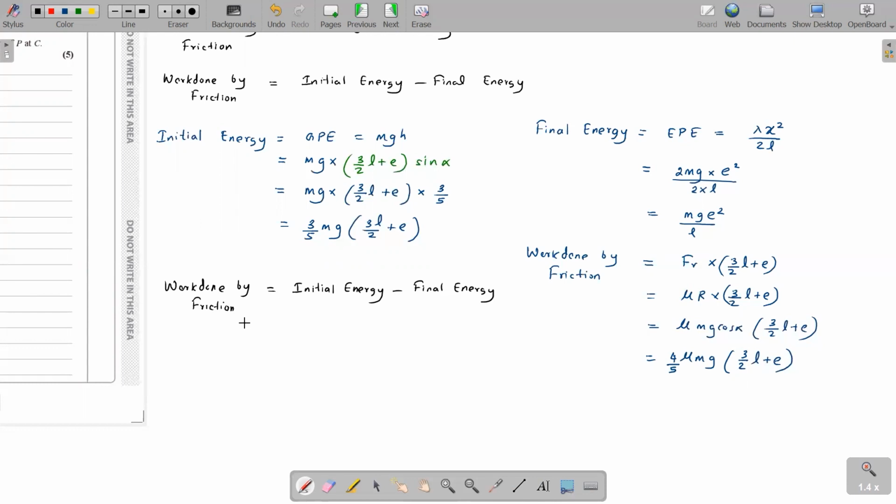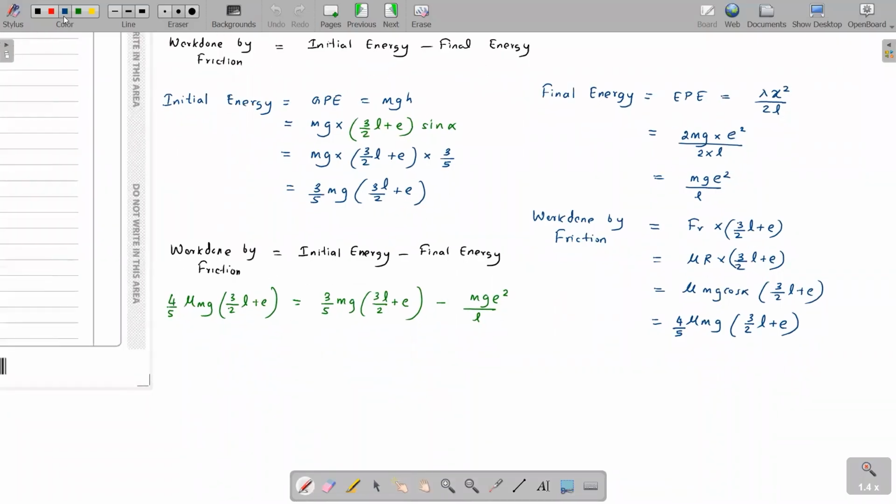So work done by friction is 4 over 5 mu mg times 3 over 2 L plus E. Initial energy is 3 over 5 mg times 3L over 2 plus E, minus final energy, which is mg E square over L. Okay, so now work towards getting the show that. The next thing we can do is cut off the mg, everyone has mg. Remove mg.